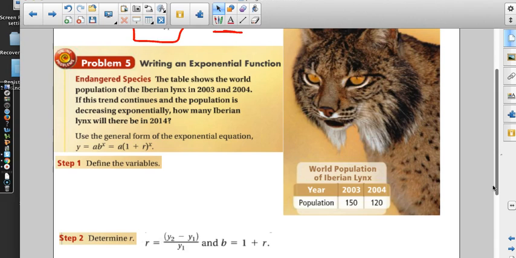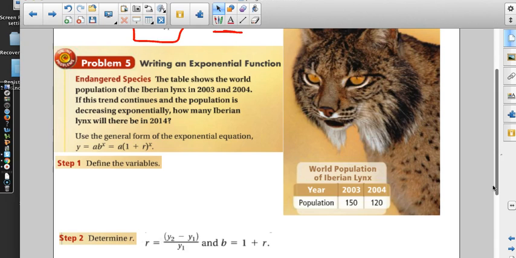Endangered species means close to extinction, very close to an extinction level. The table shows the world population of the Iberian lynx in 2003 and 2004. I love animals, so every year I check on them to make sure things are going better than they were back then. So the Iberian lynx, Spain and Portugal.